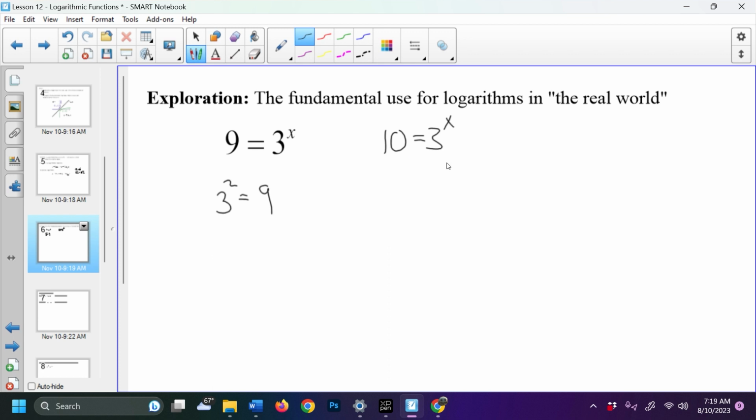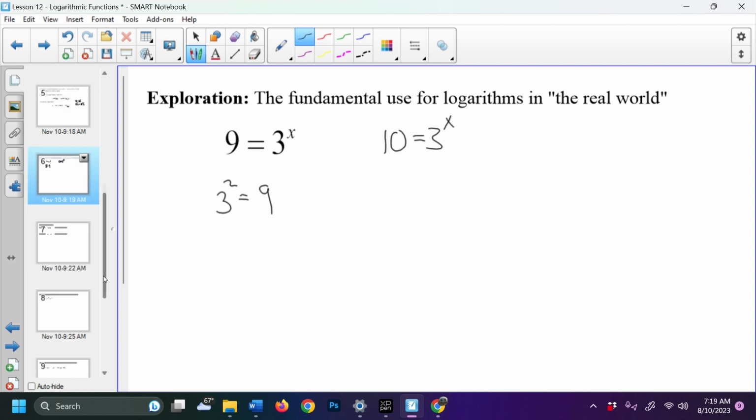We can say that it has to be somewhere between 2 and 3, probably closer to 2 than to 3, but we can't get any real accuracy for it. We can use logarithms in a calculator to get a solution to this accurate to as many places as you would like. Now, we're not going to do that today, but that is going to be our ultimate goal.